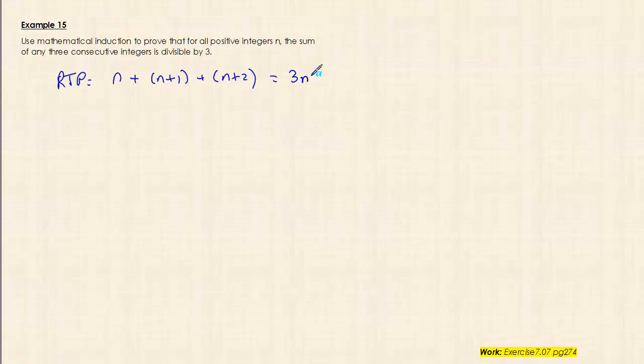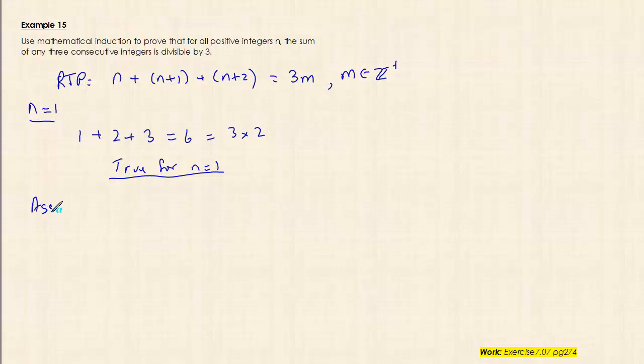We want to show that that's a multiple of 3, so we'll say 3m, where m is a positive integer. Is it true for n equals 1? So that would be 1 plus 2 plus 3, which is 6, which is 3 times 2. So it's definitely true for n equals 1.